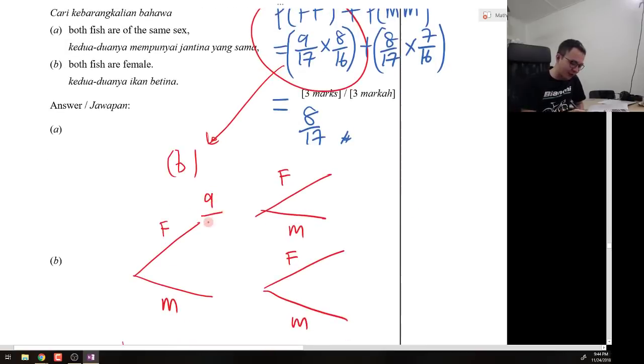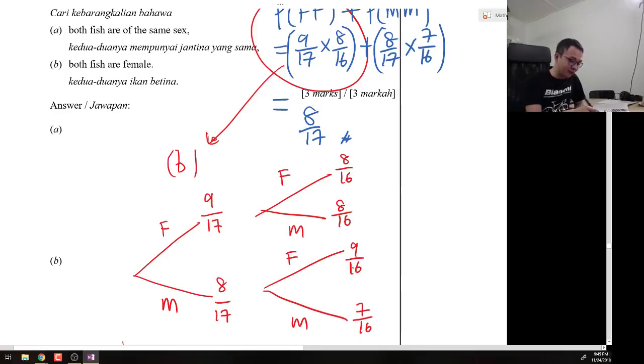And then the total is 17. Female is 9 over 17. This is 8 over 17. So we catch one female already, so here you have 8 left over 16. So this one will be 8 over 16. So this one, if you catch one male fish already, male will be left 7 over 16. This one will be 9 over 16.